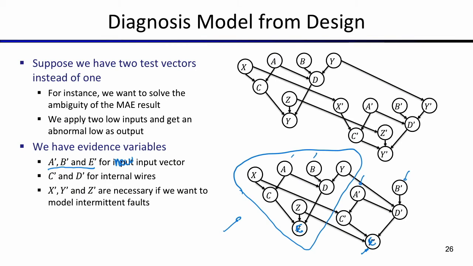For instance, for C, looking at what we have originally, C is a node that has two parents: X and A. Here it's the same thing. We have C prime that takes as input A prime, but also needs to know the internal state of X, whether it's okay or faulty.